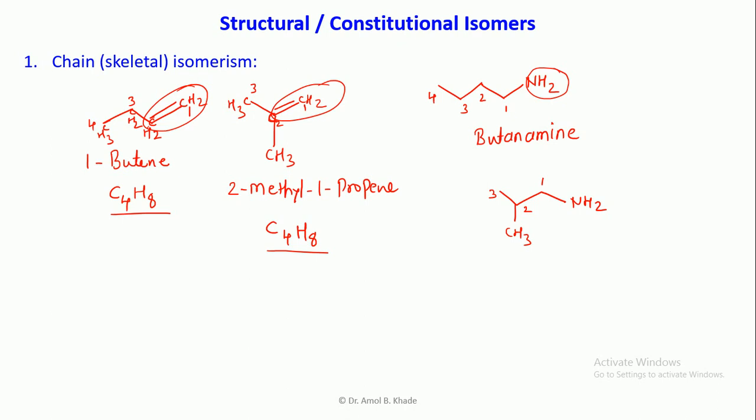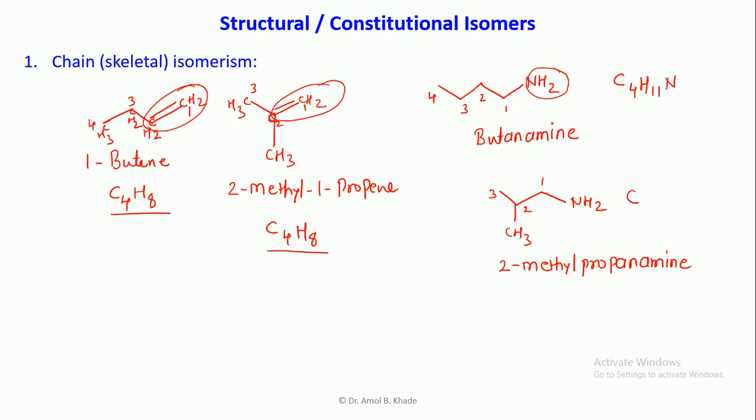So the name of this compound will be 2-methyl, and this is propane, so it is a propanamine, 2-methylpropanamine. So you can count the number of carbon atoms here, they are 4. Then count the number of hydrogen atoms, there will be CH3, so here there are 3 plus 2, 5, 6, 7, 8, 9, and here 2, so it will be 11, and there is 1 nitrogen.